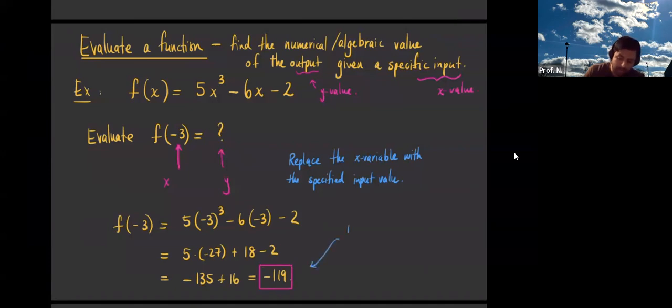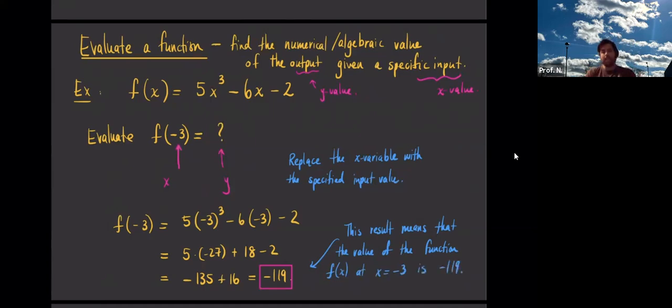This result means that the value of the function f of x at x equals negative 3 is negative 119. That's how you would say this in words: the value of the function at negative 3 is negative 119.